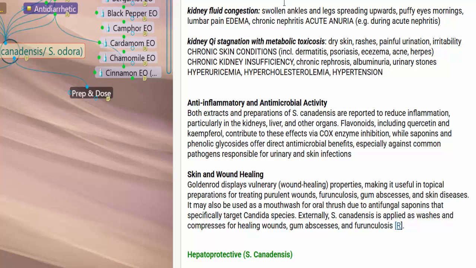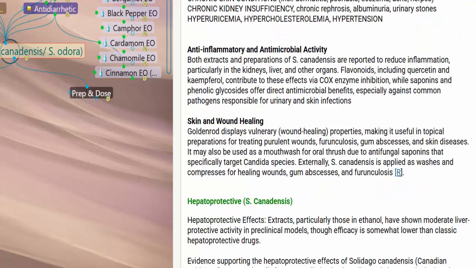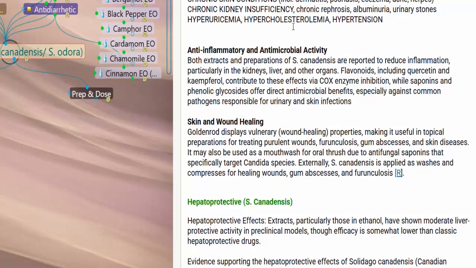During acute nephritis, this can be useful. And something called kidney qi stagnation with metabolic toxicosis. And here are some of the symptoms of that. It's good for chronic skin conditions like dermatitis, psoriasis, eczema, acne, herpes, through its action on the kidney qi.